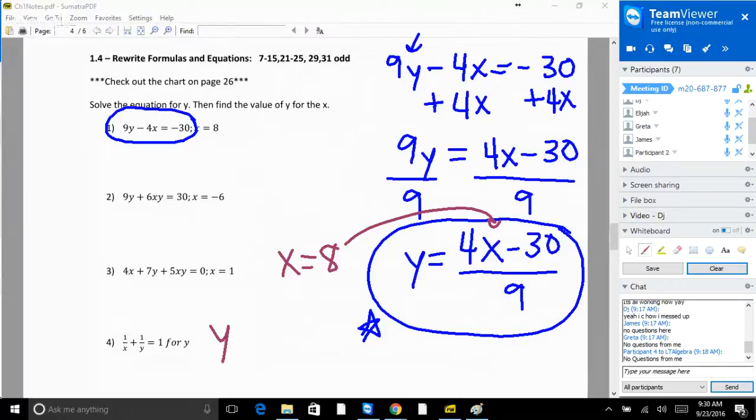So a really quick 4 times 8 minus 30 over 9, right? And then I get 2/9. 4 times 8 is 32. 32 minus 30 is 2. Any questions about that?